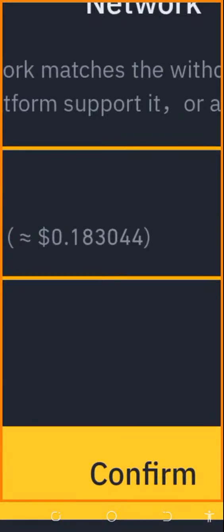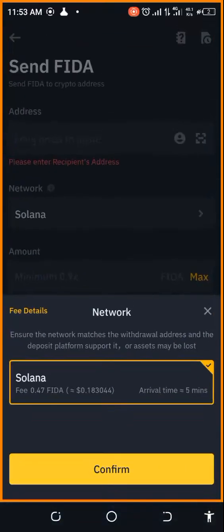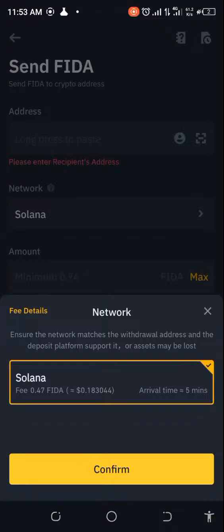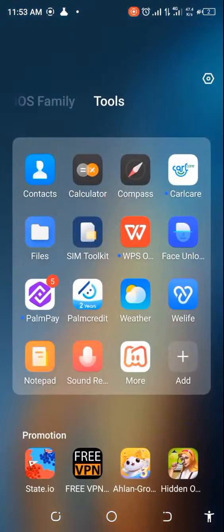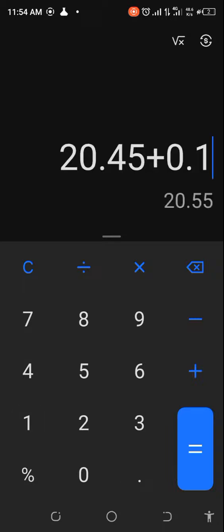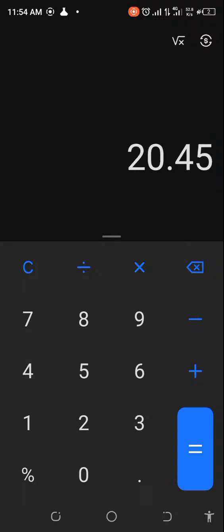Wow, that's quite steep. But if we take off 18 cents, what will we have? Let's see. 20.45 minus 18 cents. Oh, sorry, I'm supposed to take that out.